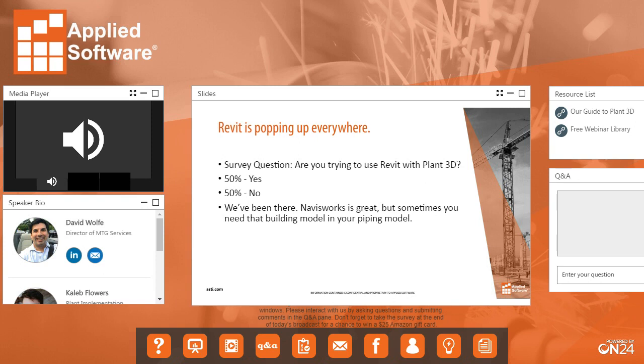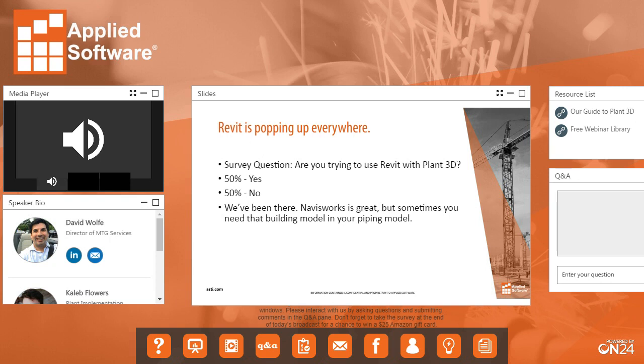I guess the one thing to bring up along those lines is pipers, from my experience, and as we've mentioned previously, they're very good about having a Navisworks session up. And so integrating with nearly any other design application is pretty straightforward when you're running a Navisworks session.